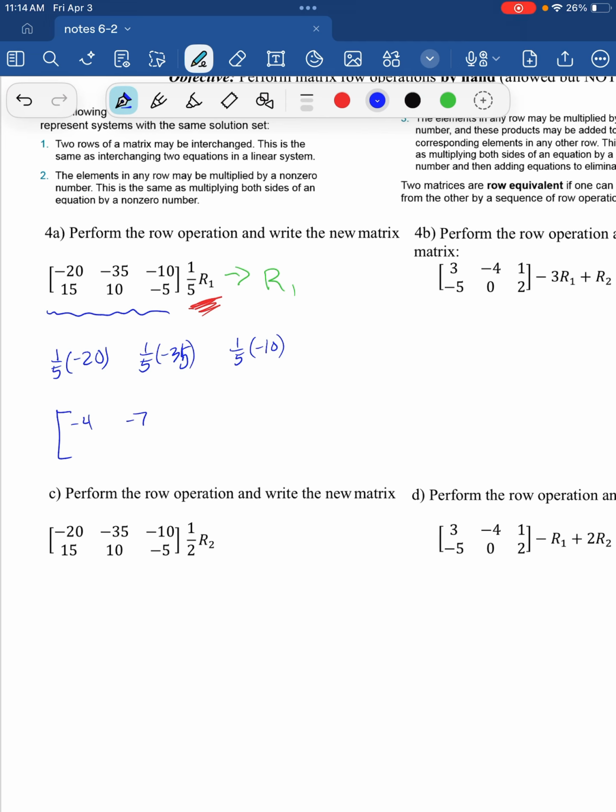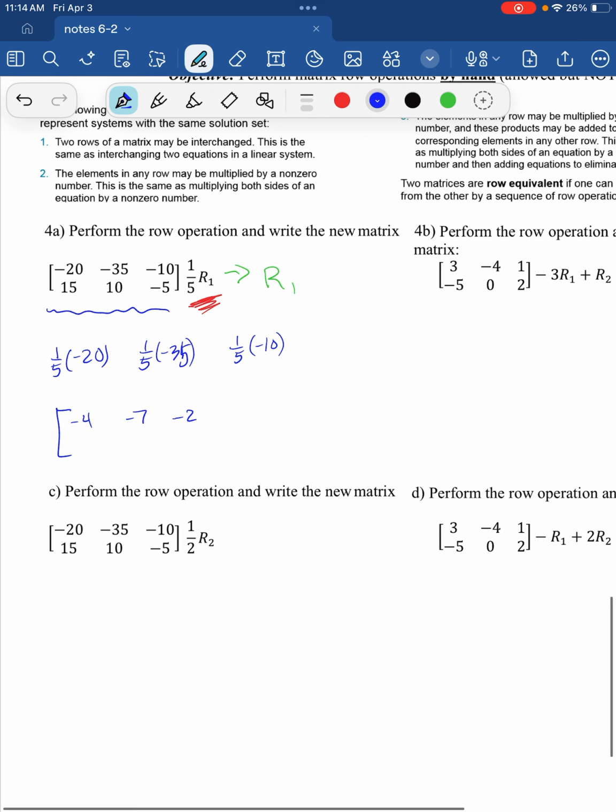I'm just really dividing by 5. And 1/5 of -10 is -2. And because they didn't tell me to do anything to row 2, it stays the same. So that would be my answer if that was the row operation they wanted me to do and where they wanted me to put it.